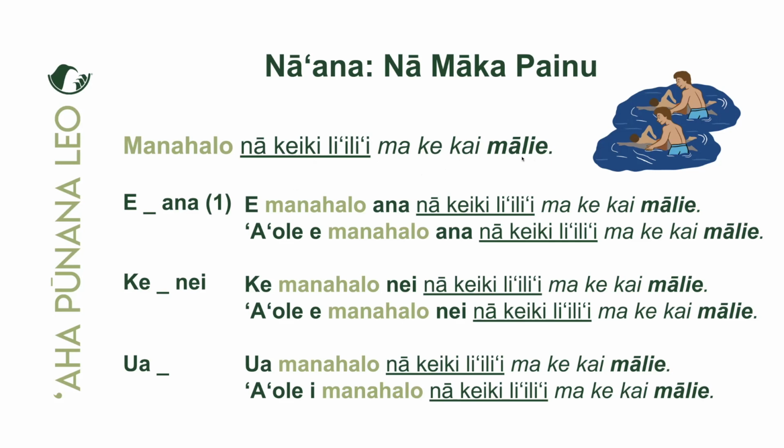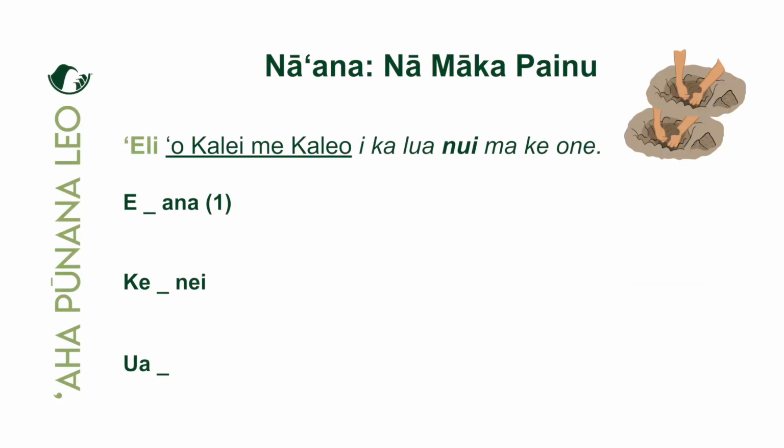Okay. Mahalo ka iloa e nā ohana. Here's our second example of our pepeke painu kumau, right? There's no tense. Here we go. Eli o Kalei me Kaleo i ka lua nui ma ke one.